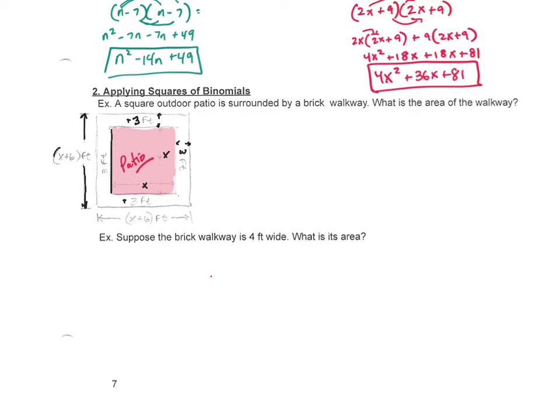That's where I come up with x plus 6 feet, and since it's square, the same here, x plus 6 feet. It asks, what is the area of the walkway?